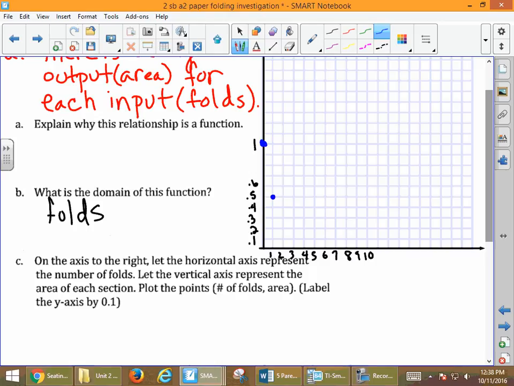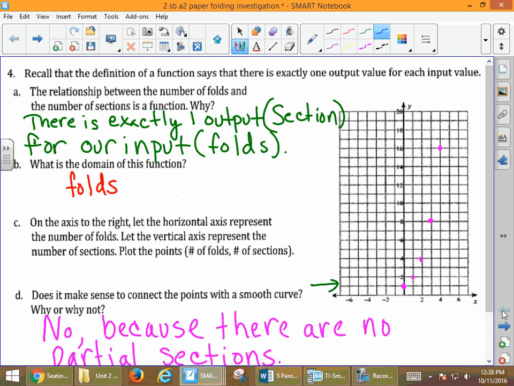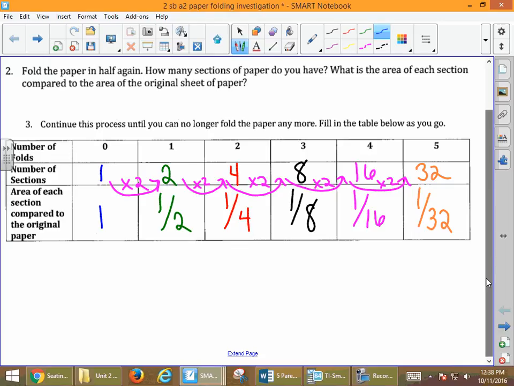And let me digress for a minute here. If we go back to the chart, where am I getting that number? Well, I did 0, 1. So this is going to be 1, 1/2, which is 0.5. And it's going to be 2, 1/4, which is 0.25.